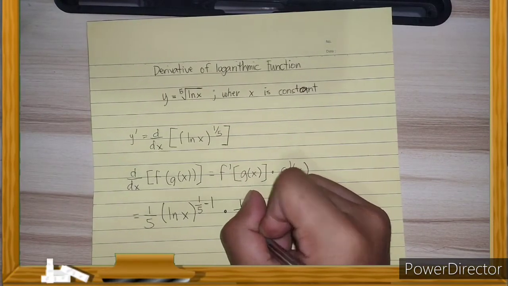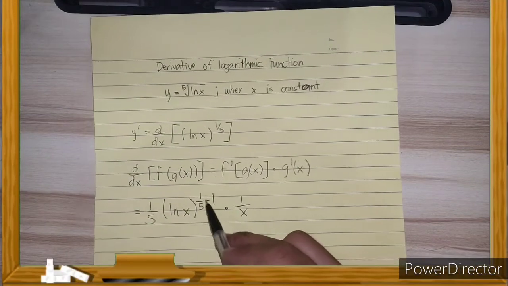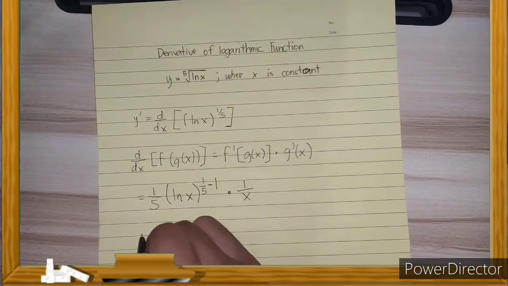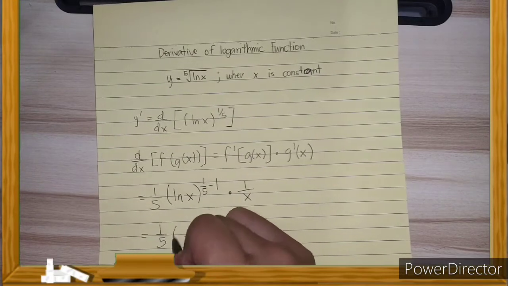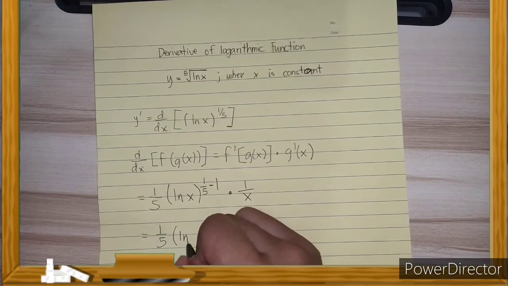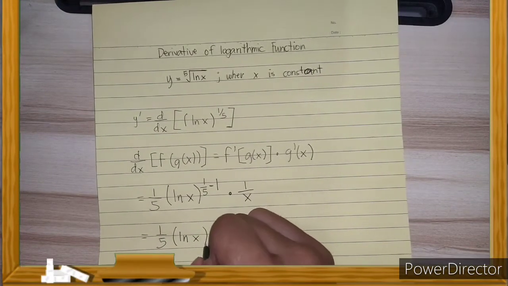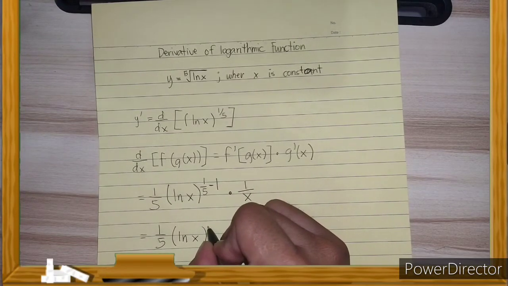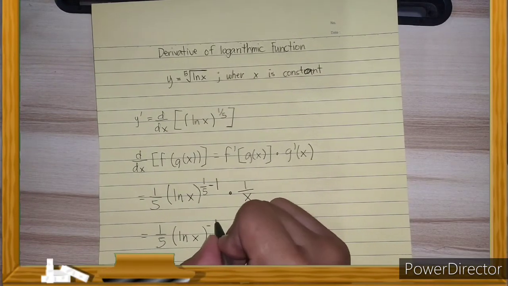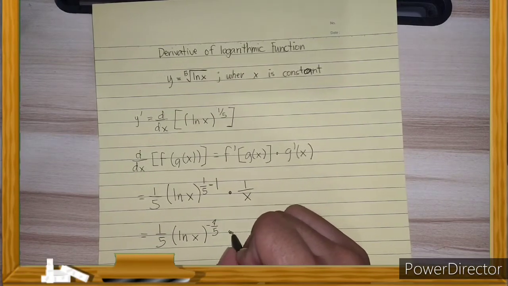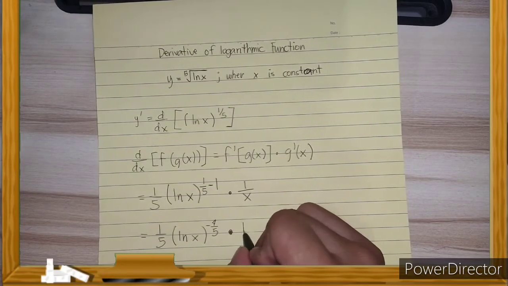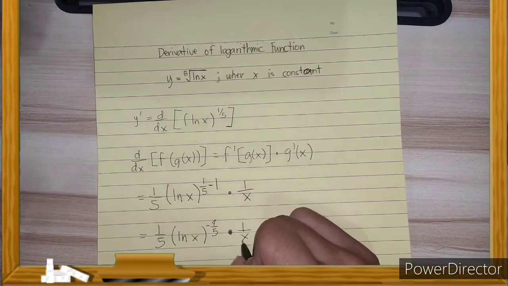So next, we need to simplify this exponent. So it will be 1/5 ln x raised to negative 4 over 5. Then copy 1 over x.